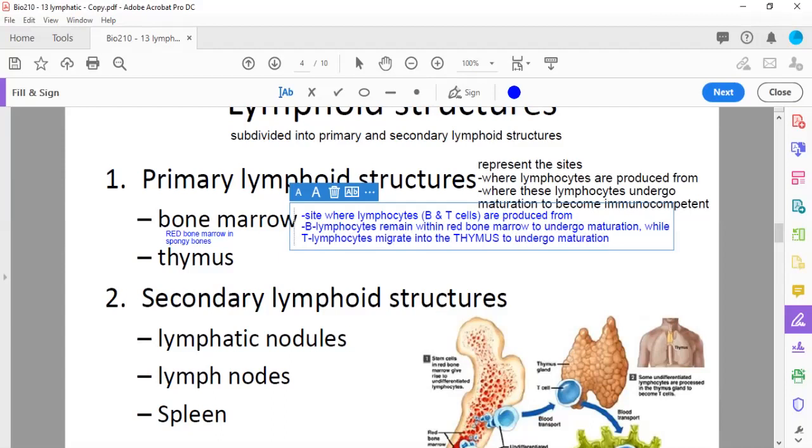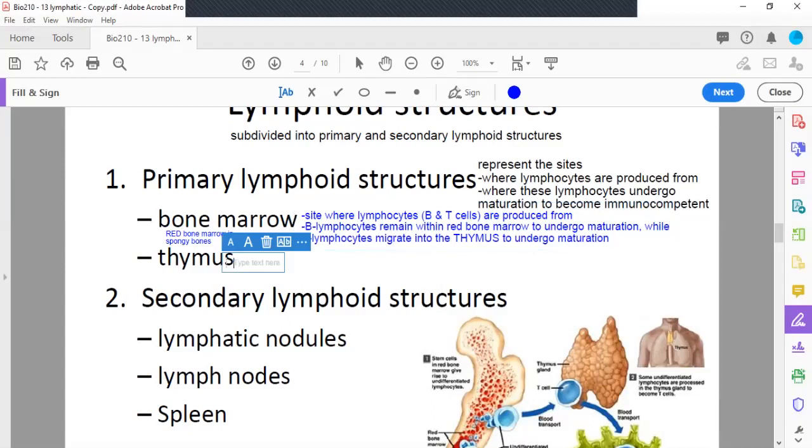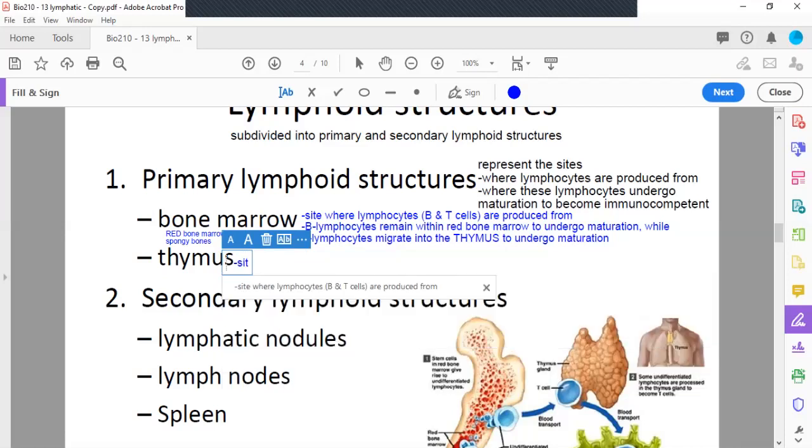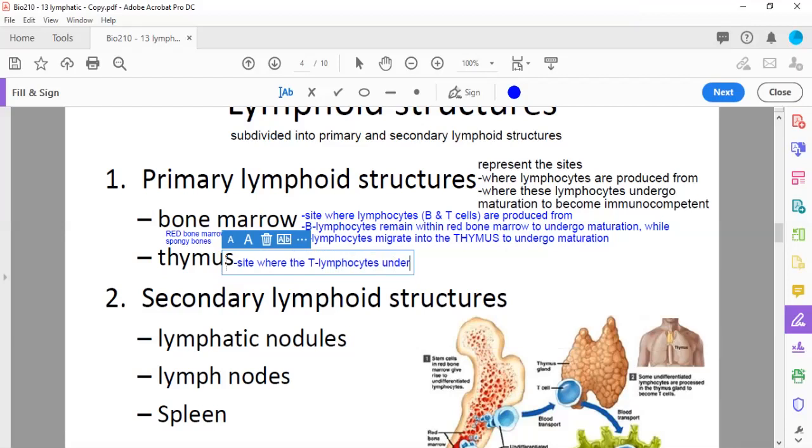So the thymus represents the site where the T lymphocytes undergo maturation to become immunocompetent.